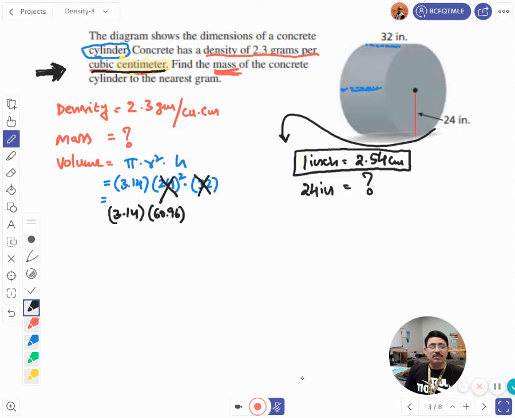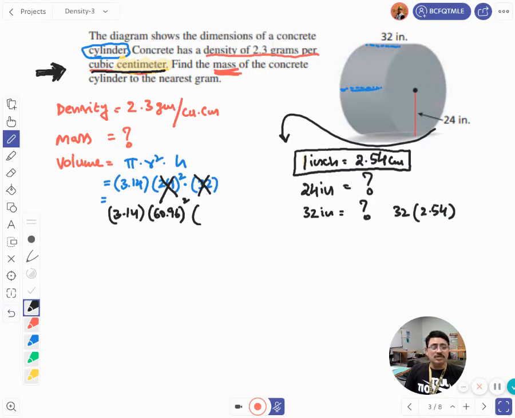Therefore, instead of taking 24, I am now taking 60.96 centimeters for the radius squared times height. The height is 32 inches, so how many centimeters is that? It is 32 times 2.54. Don't forget that 1 inch is 2.54 centimeters.